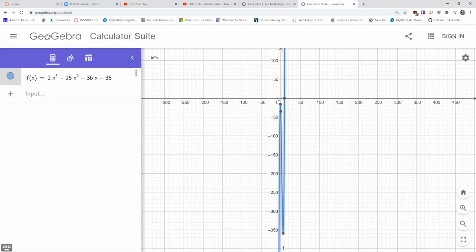But in the y direction, they want to go from -360, which is down here, all the way up to 180, which is a little bit higher than this. And I don't know how I can do that here. Maybe I'm not going to worry about it.